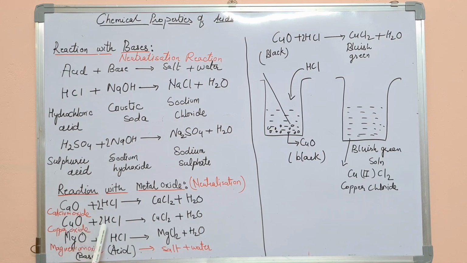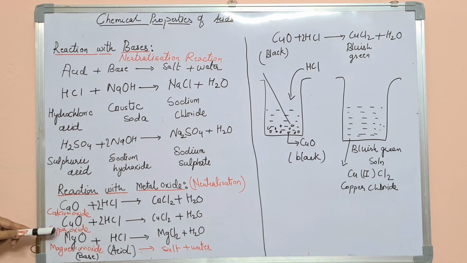Copper oxide reacts with hydrochloric acid to form copper chloride plus water. Next, magnesium oxide. Magnesium oxide reacts with hydrochloric acid to form magnesium chloride and water. So these are the examples in which hydrochloric acid reacts with metallic oxide.